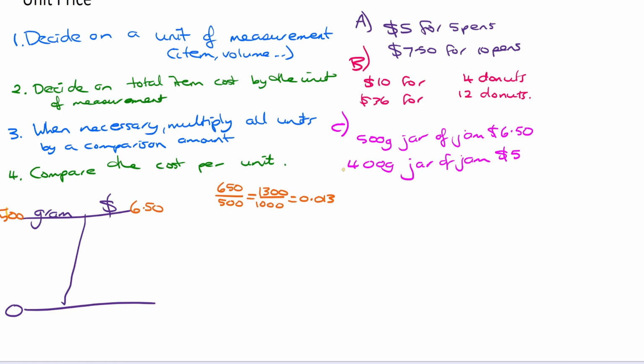So I would reason that if I've got 500 and 400 grams, 100 grams would be a good unit to compare them in. That would tell me to go from 500 grams to 100 grams, which is a divide by 5, and then I could divide this number by 5 to work out how much money it is per 100 grams. $6.50 divided by 5 could be $13 divided by 10, which is $1.30.